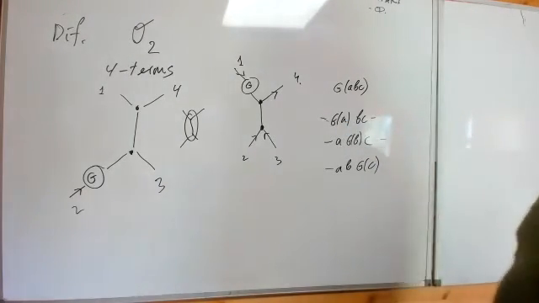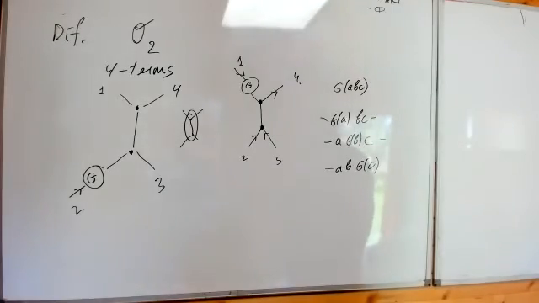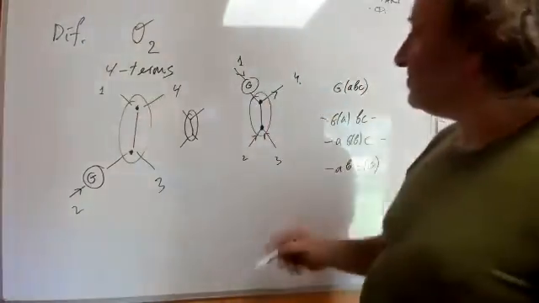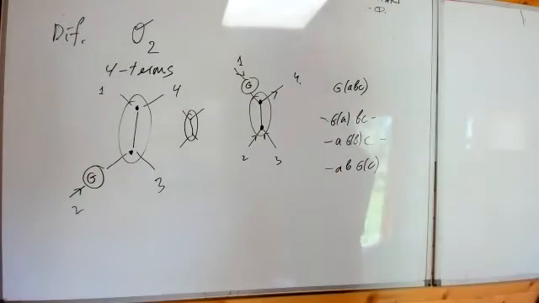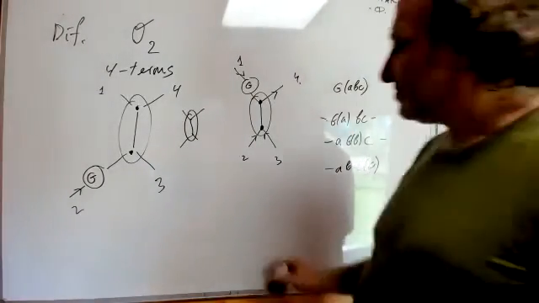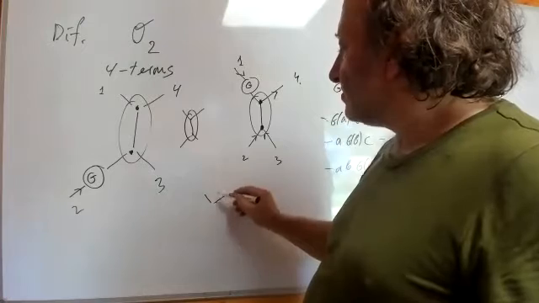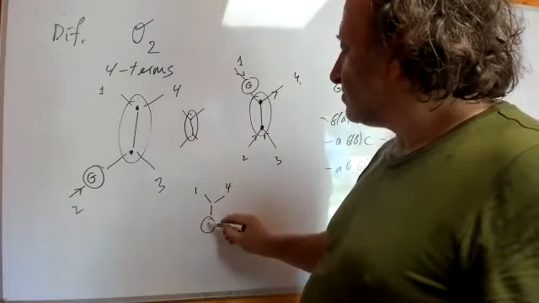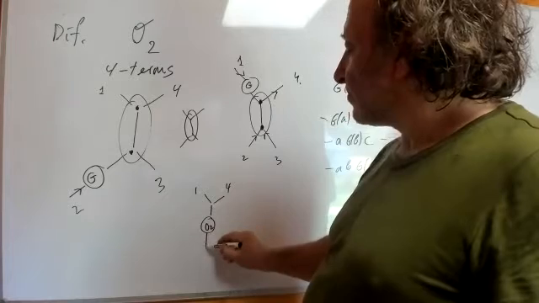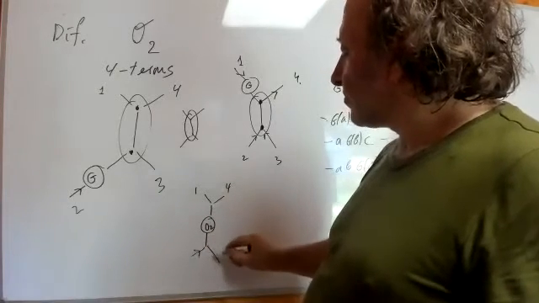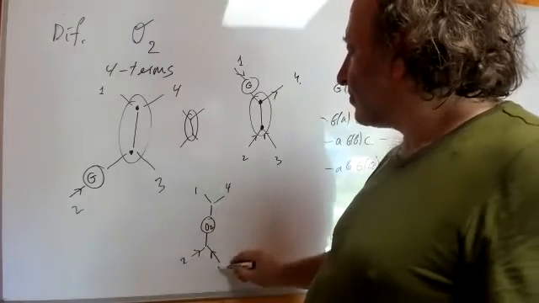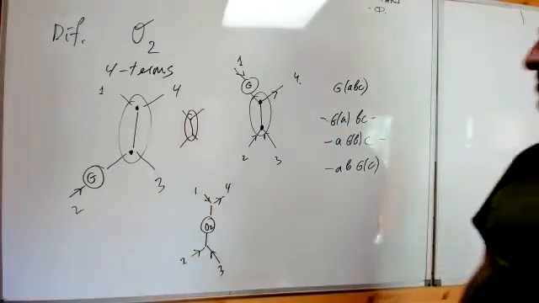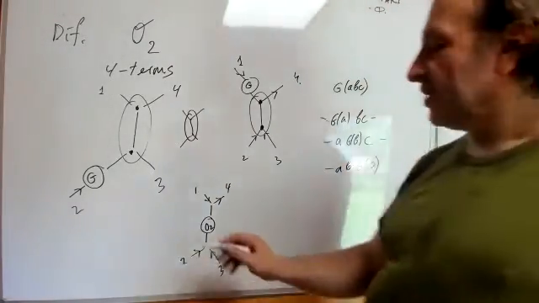However, there are also 3 terms in which I cannot contract this to a single multiplication, and they look like this. So here we have 3 terms.